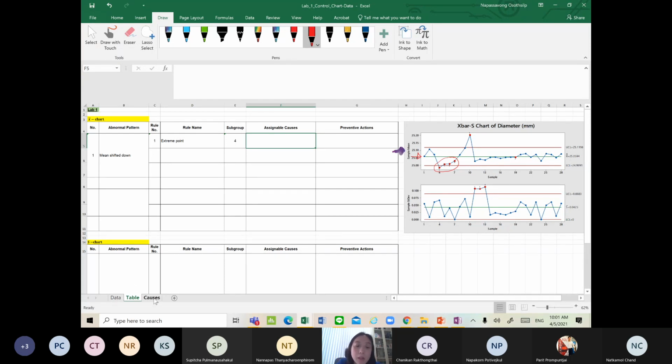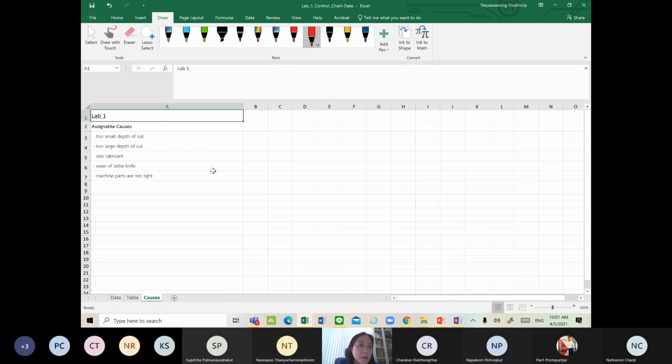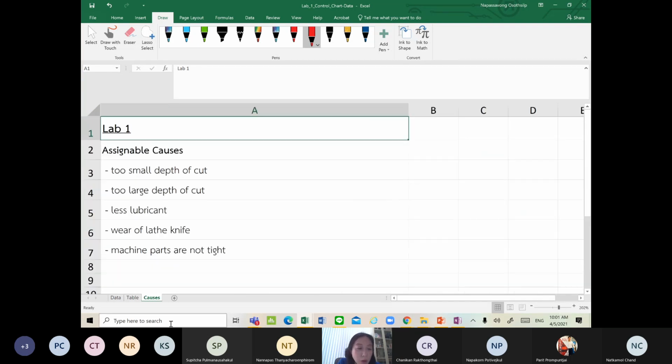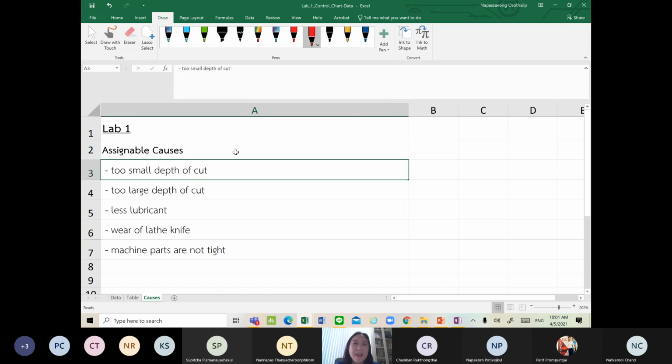There are possible causes written down here on the worksheet, which is called causes. I recommend you to think about these possible causes, and you can pick some of them to be the explanation of that pattern.